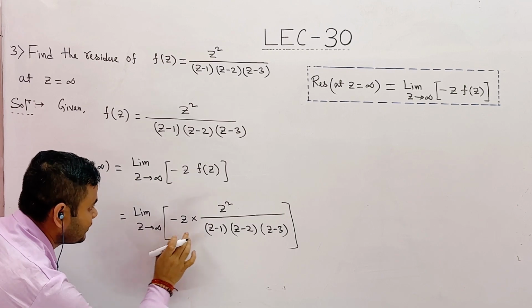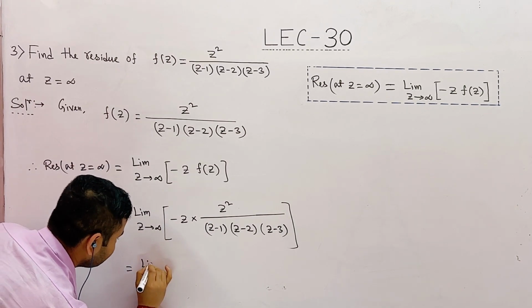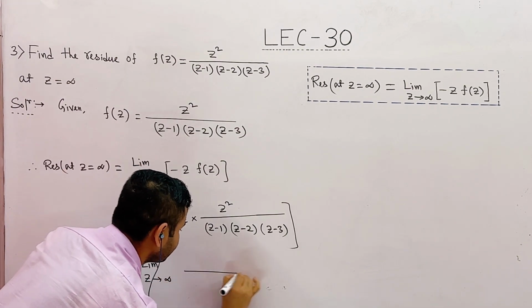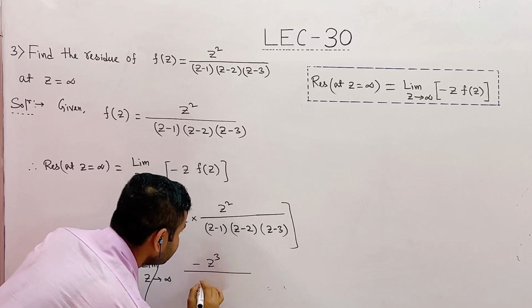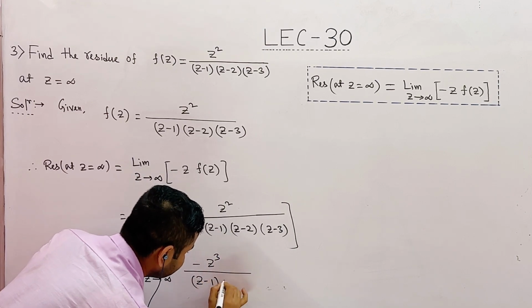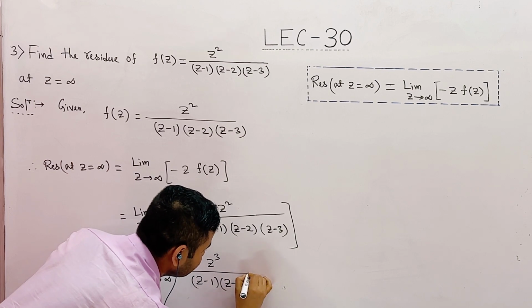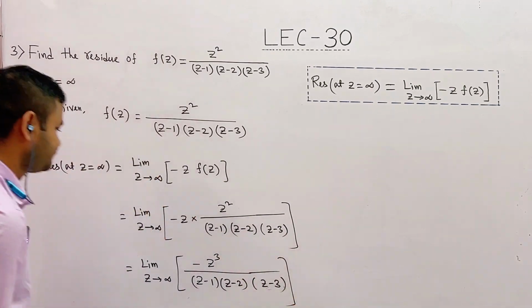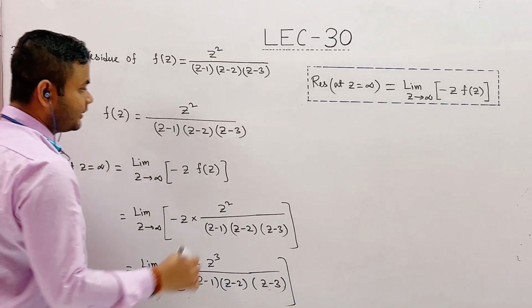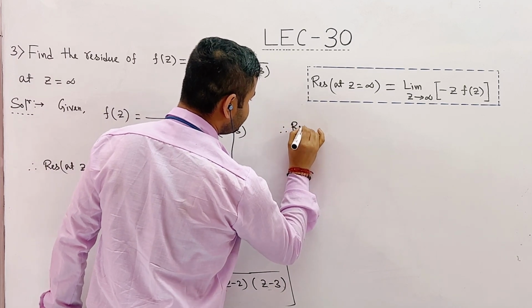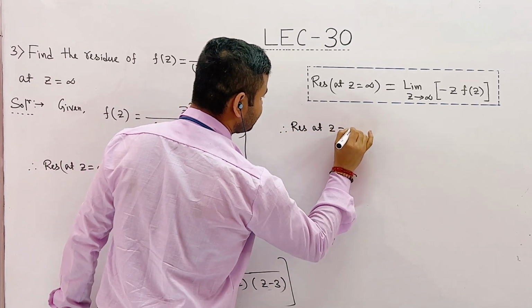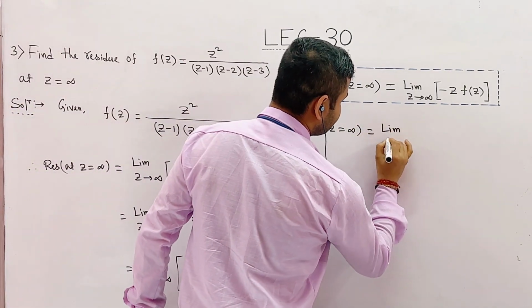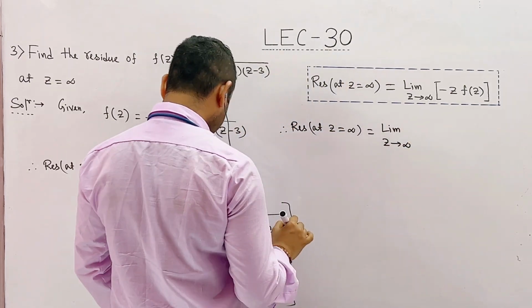After simplifying, this term can be written as limit z tends to infinity of minus z cube divided by (z minus 1) into (z minus 2) into (z minus 3). So therefore we get residue at z equal to infinity as limit z tends to infinity.